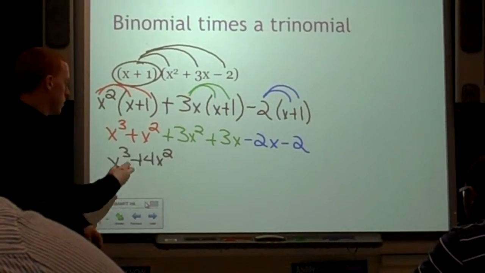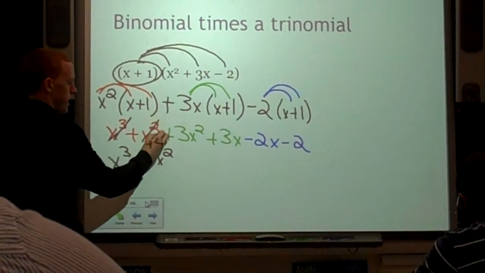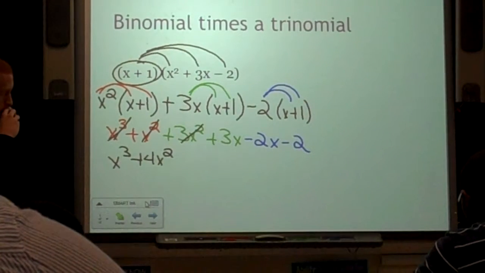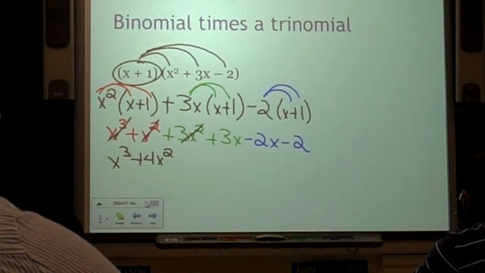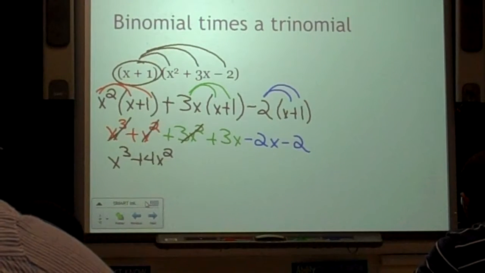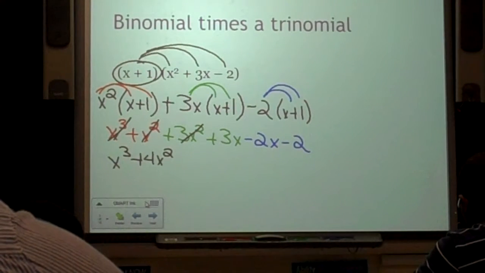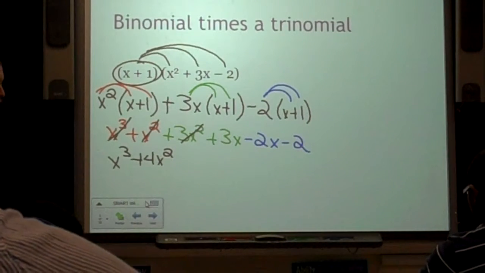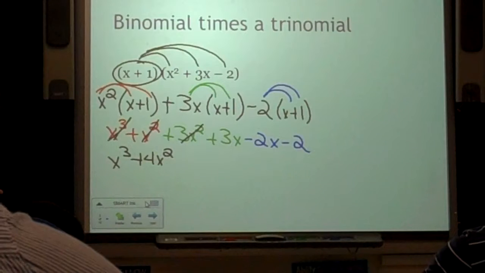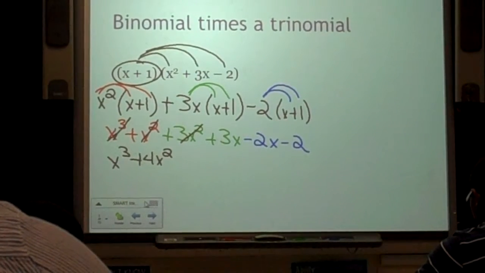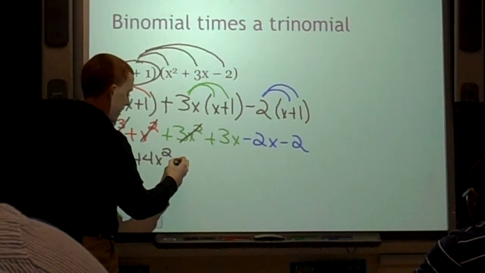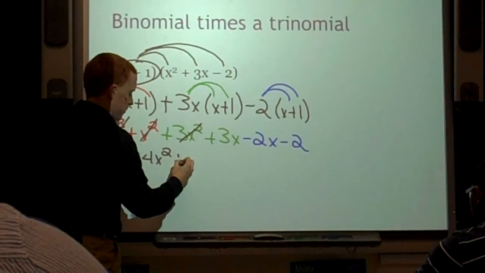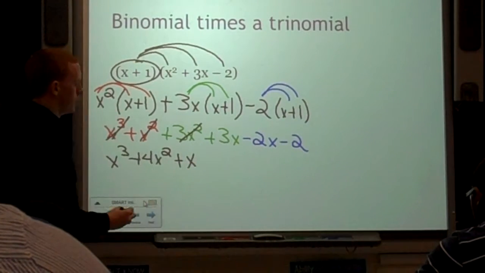Now I see x's, so I'm done with that term. Done with that term and that term. So 3x minus 2x minus 2. What are my like terms there? 3x and the minus 2x. So what do I get there? I just get 1x, and I can just write x because of which property?